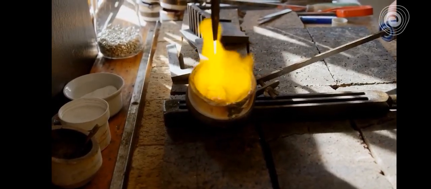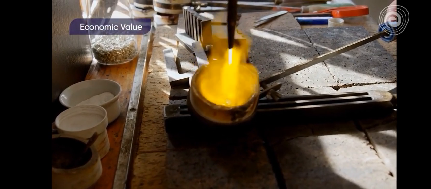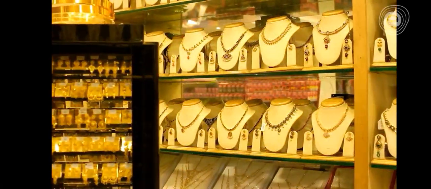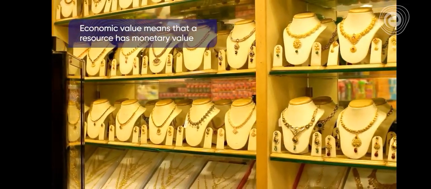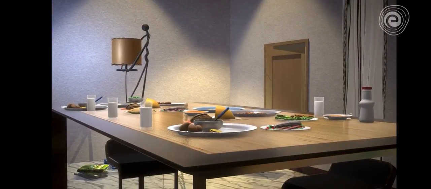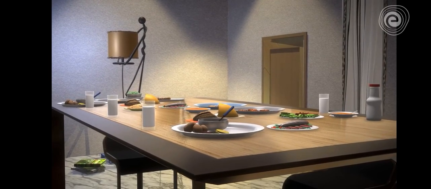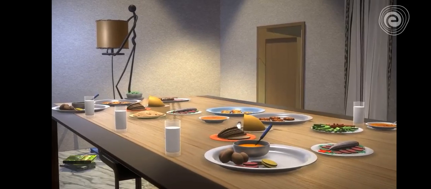However, they differ from metals, which have another type of value called economic value. The economic value means that a resource has monetary value or the potential to create it. The fact that something has no value right now doesn't mean it will never have any value in the future.